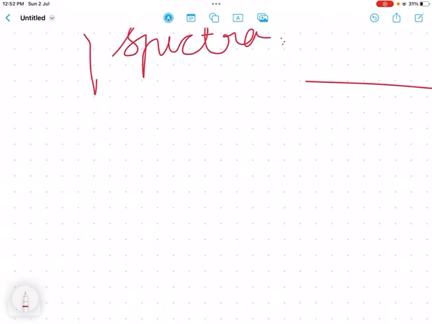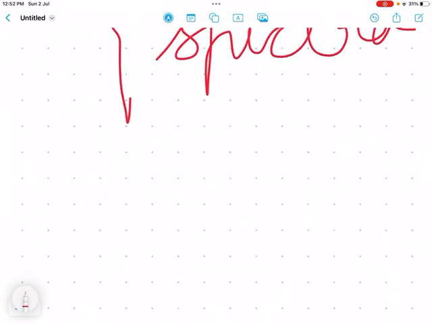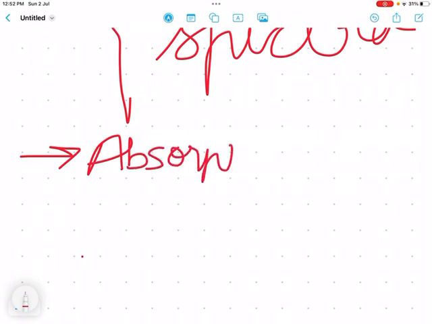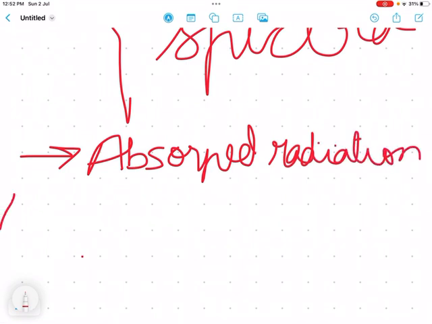In the emission spectrum, atoms, molecules and ions that have absorbed energy are said to be in the excited state.